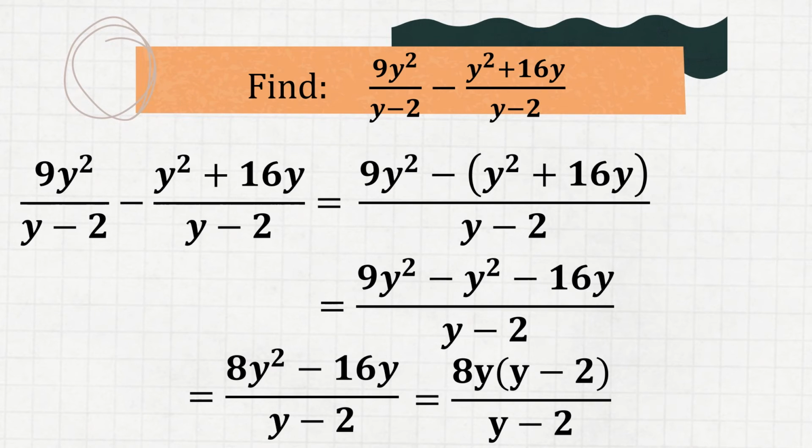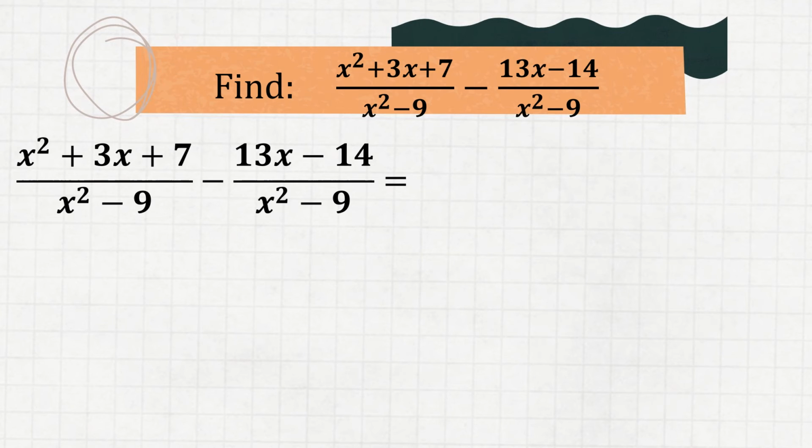So, 8y squared divided by 8y is equal to y, and 16y divided by 8y is equal to 2. So, yan yung factored form niya, 8y times the quantity of y minus 2 over y minus 2. Then, we will cancel out the common factor which is y minus 2. So, yung matitira na lang will be 8y. So, ito yung magiging sagot natin.